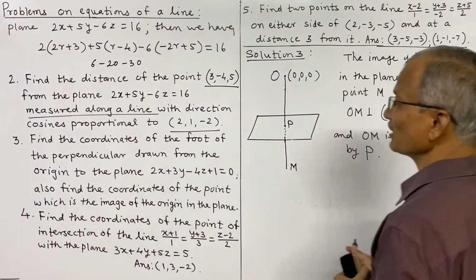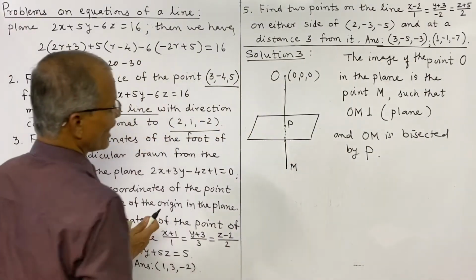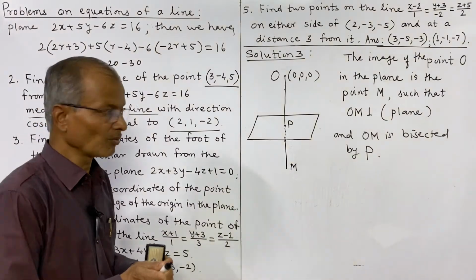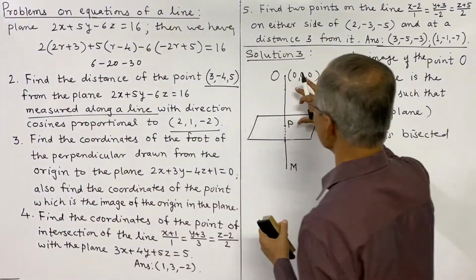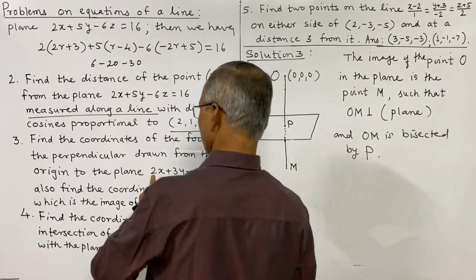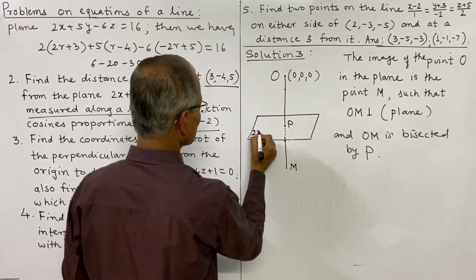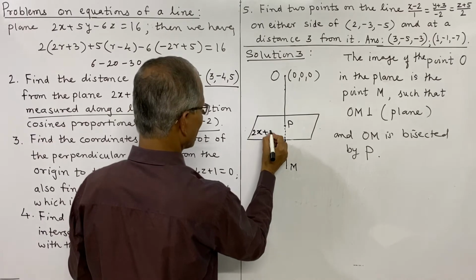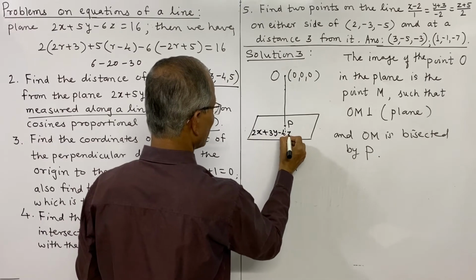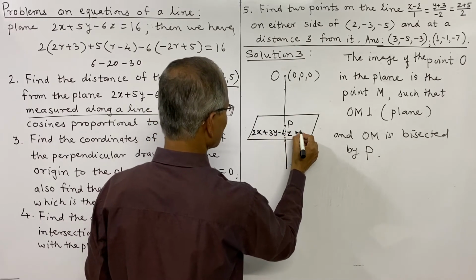To obtain the coordinates of P, we have to write the equation of line OP. Now how to write the equation of line OP? What is the equation of the plane? The equation of the plane is 2x plus 3y minus 4z plus 1 is equal to 0.